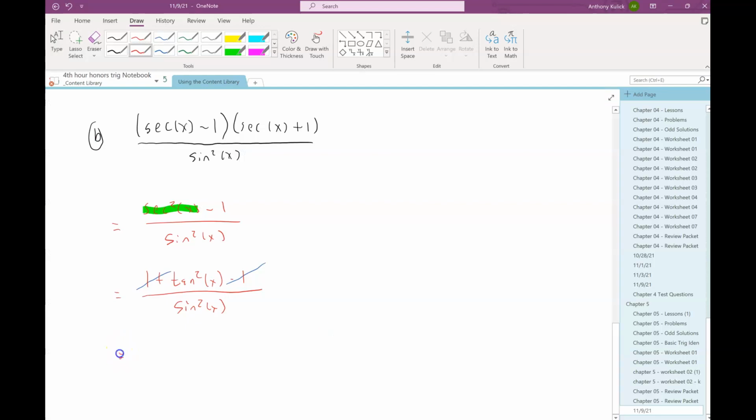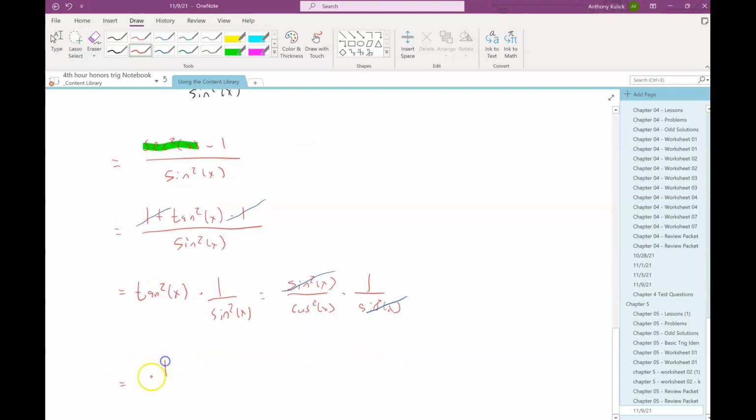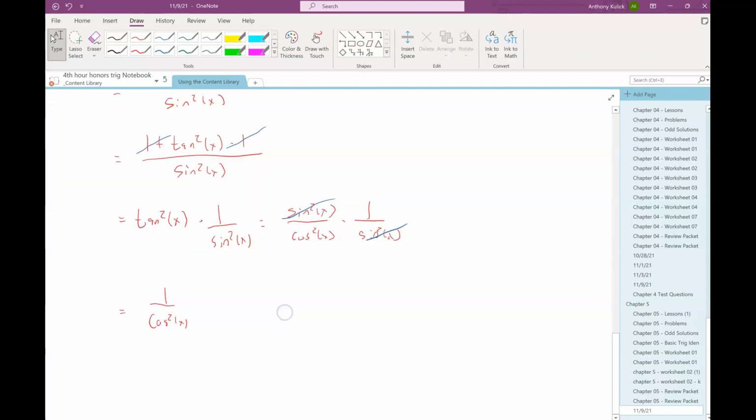What I'm going to do then is think about this as really tan squared times 1 over sine squared, because I can rewrite tangent squared as sine squared over cosine squared. And then cancel the sine squareds. And I know that 1 over cosine squared then is just secant squared.